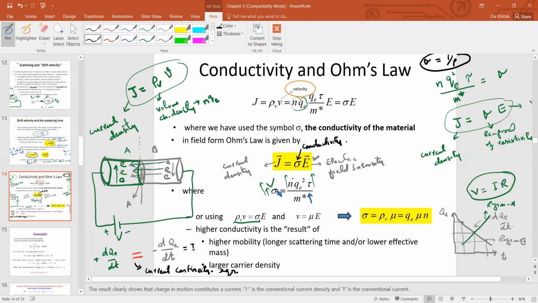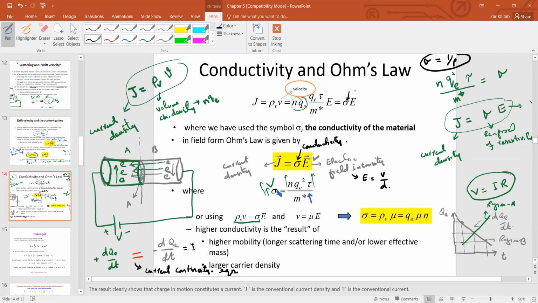So it's really the current here, the conductivity, and the electric field intensity. The electric field intensity is going to cause the voltage. E equals V divided by d. So it's really another form of Ohm's law. Why a much better form of Ohm's law? Because it considers this conductivity.